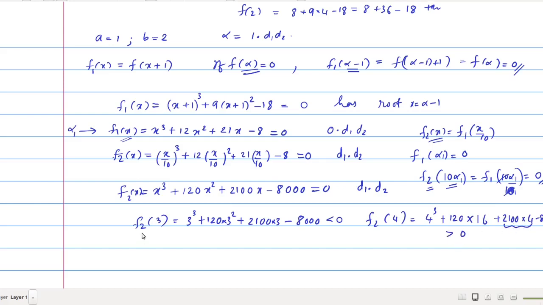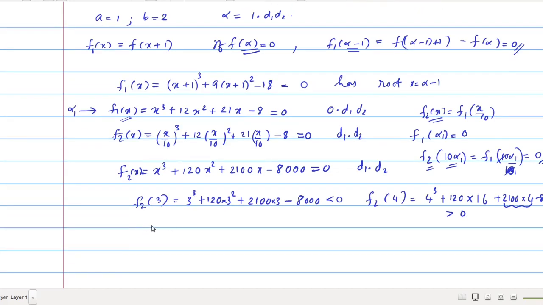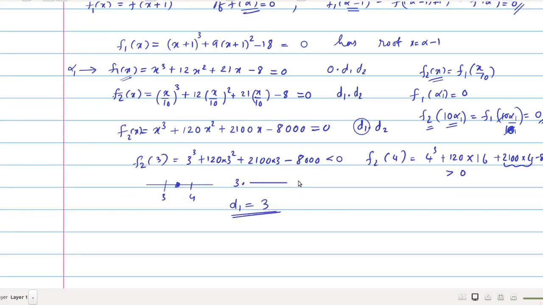So we can say that the zero of f2 is in between 3 and 4. If the root of this equation is in between 3 and 4, then the root takes the form 3 point something. Then we can say that d1.d2 is the root of this equation, so d1 is equal to 3.